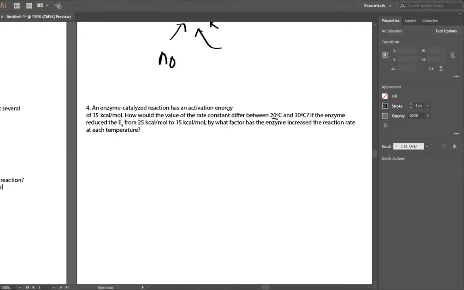And so Arrhenius is basically, let's try to find it. Where did I write my Arrhenius?